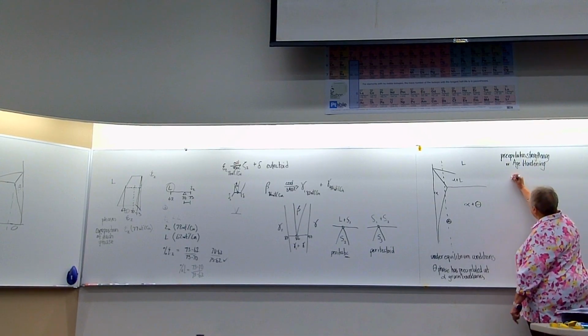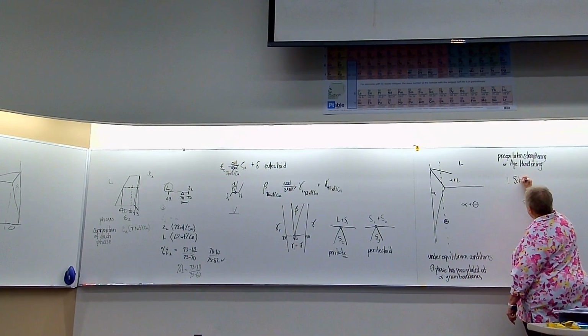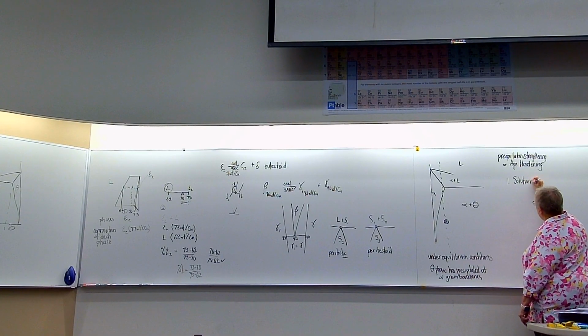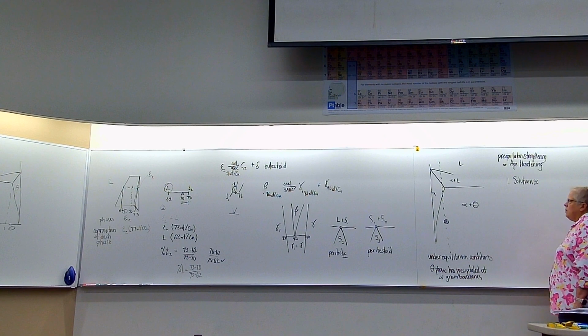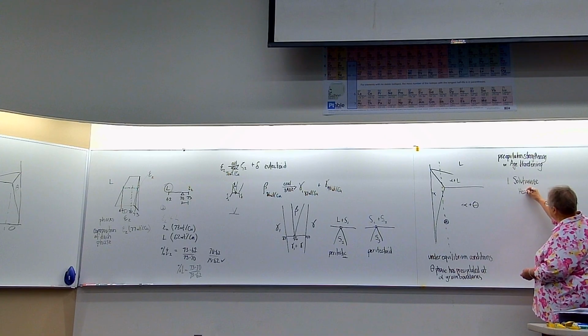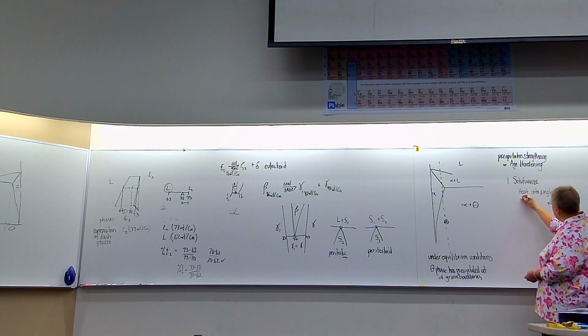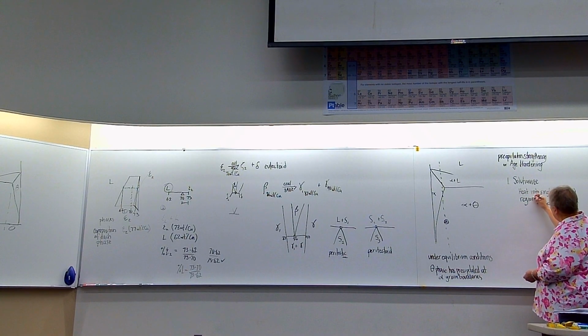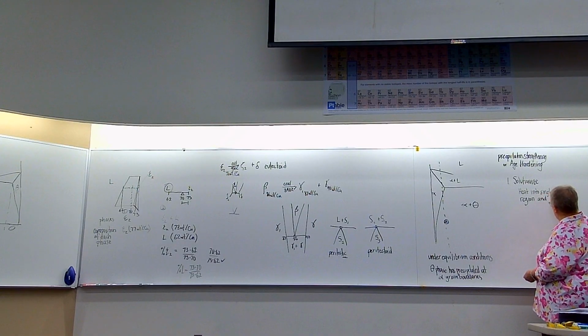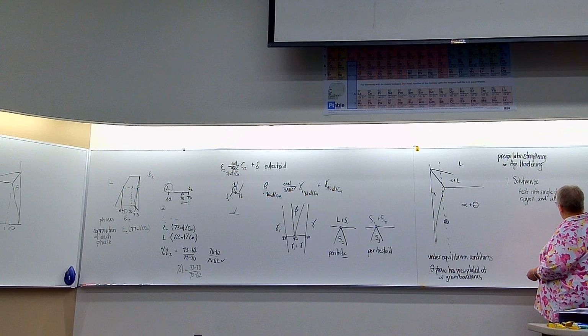So there's 3 steps. Step 1, solutionizing. In the case of the aluminum alloy, that means heat into the alpha region and allow for equilibrium.